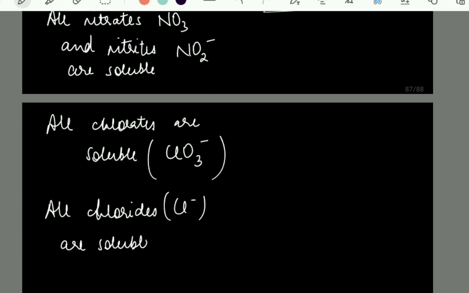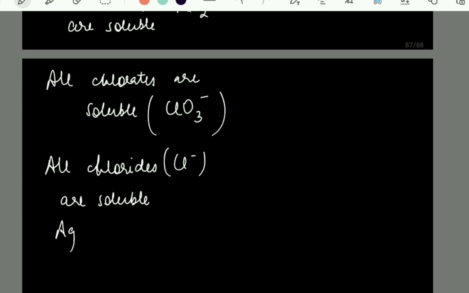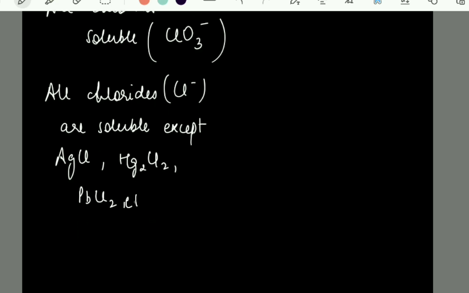Now we do have exceptions over here. If you remember AgCl, so except silver salts like silver chloride. So AgCl, we have Hg2Cl2, we have PbCl2, and so many others. So let's take these examples only. And PbCl2 is very much soluble in hot water.